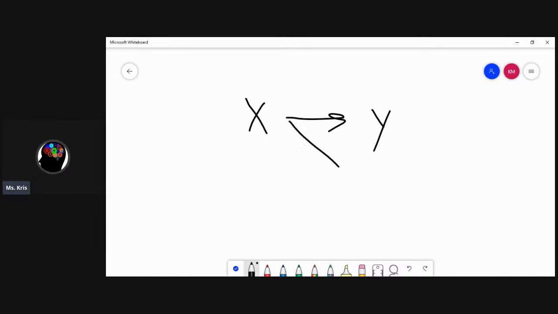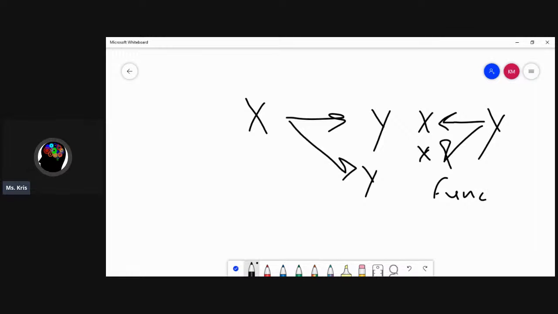If your x has more than one y, it is not a function. Now, if y has more than one x, it is still considered a function, because y can have all the x's it wants, but for it to be considered a function at all, the x must have only one y.